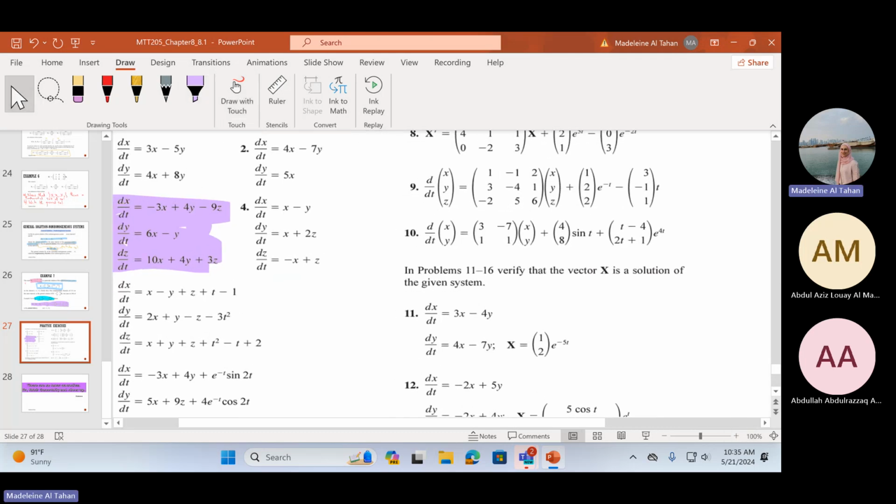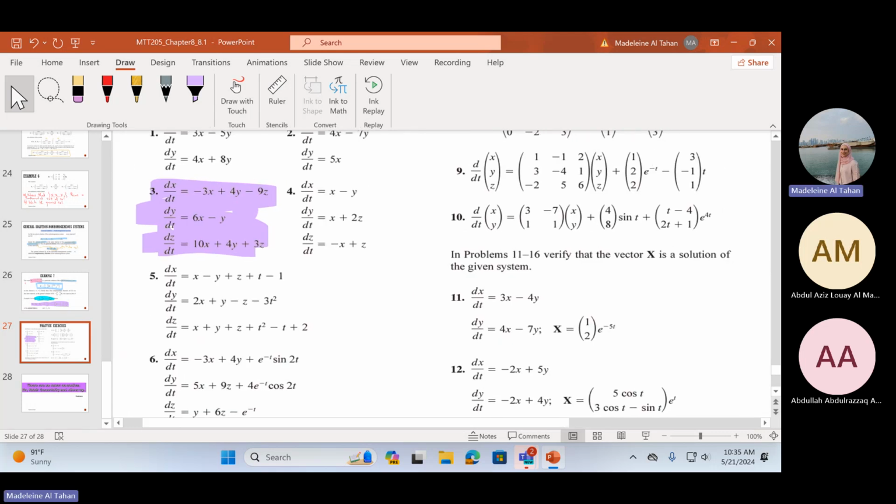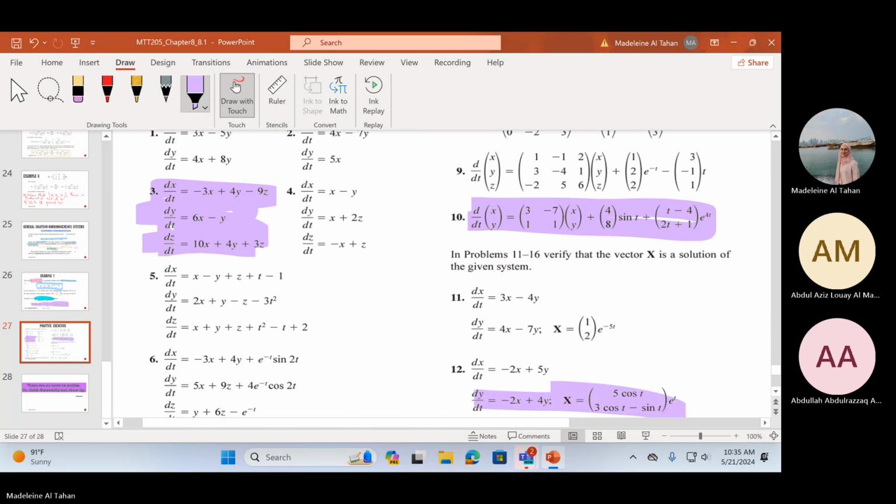And we need also to write this one as a system. So this one is transformed from system to matrix form, this one from matrix form to system. And we need to show that this one is a solution.